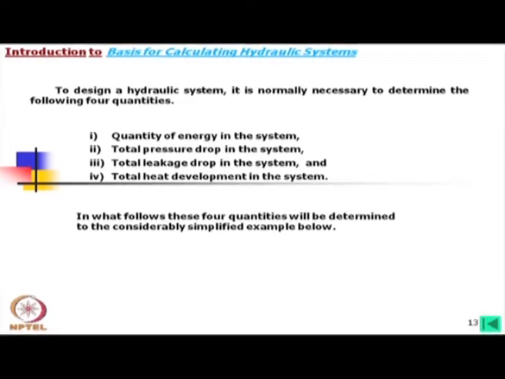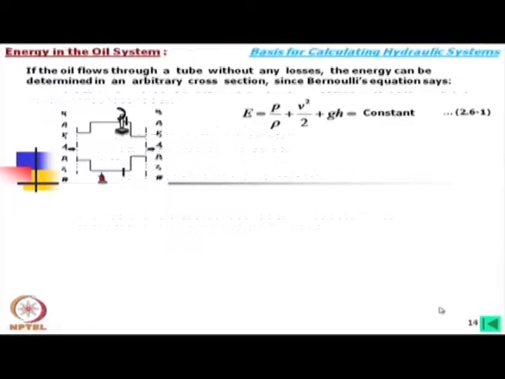In what follows, these 4 quantities will be determined for a considerably simplified example which I am showing now. What I have considered is the same conduit here, where we can add some work and also some heat energy. This means that energy is going in, and sometimes energy is also going out in the form of heat.